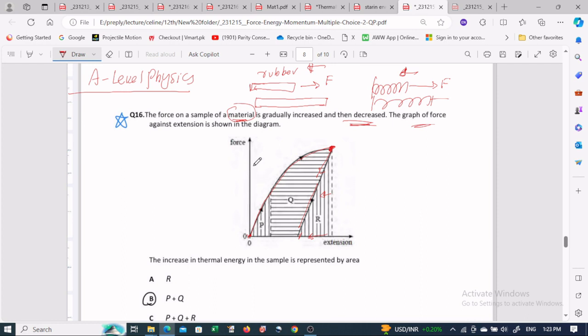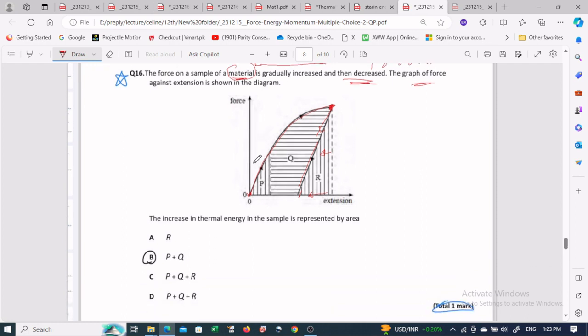Now the examiner asks us to find which area represents the increase in thermal energy of the sample. Only the increase. Increase in thermal energy means a change in temperature or heat, and this can be represented by the area.